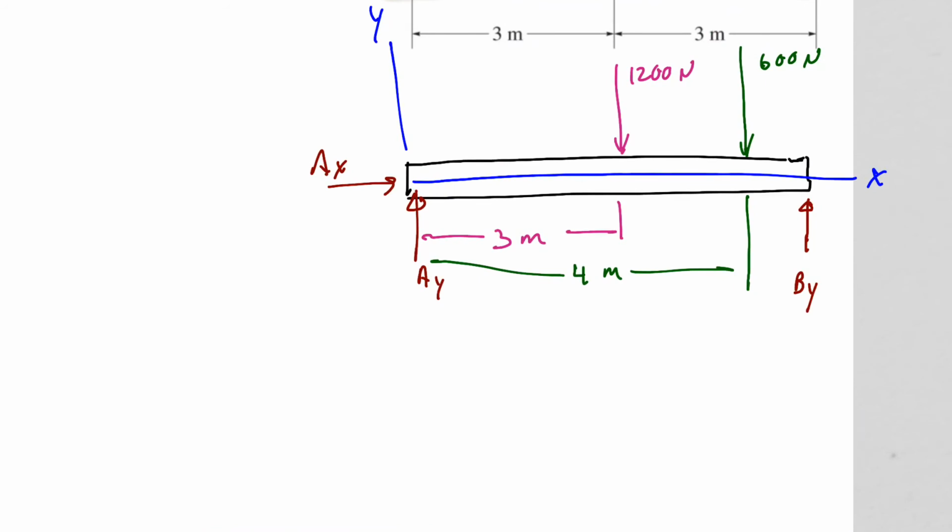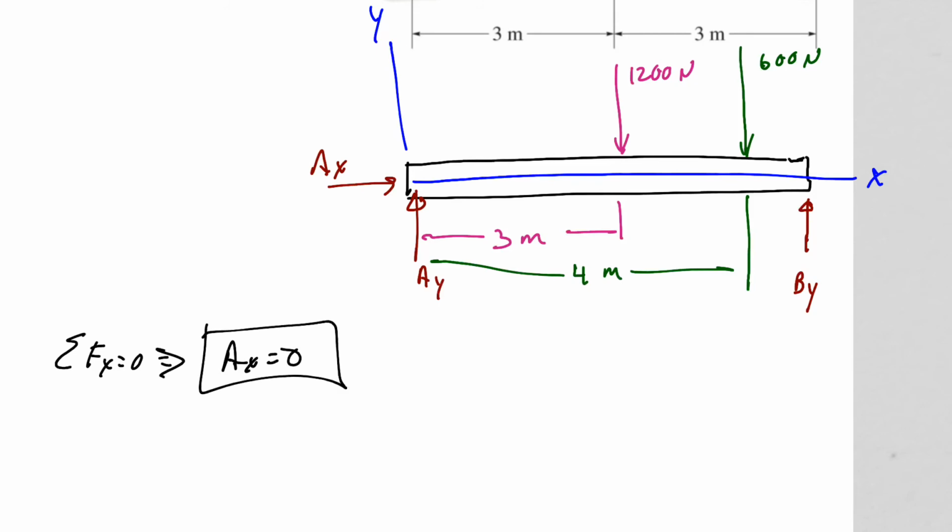Now we're back to our nice, easy free body diagram and solving these types of problems, right? We know by looking at this, we can sum forces in the x direction equals 0. We know then that AX equals 0.